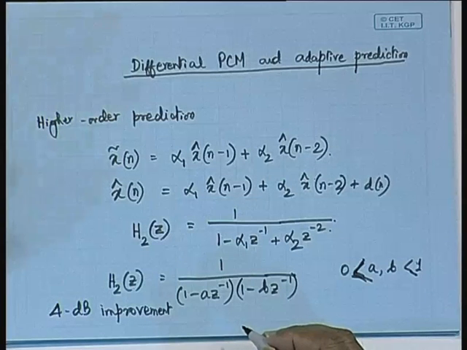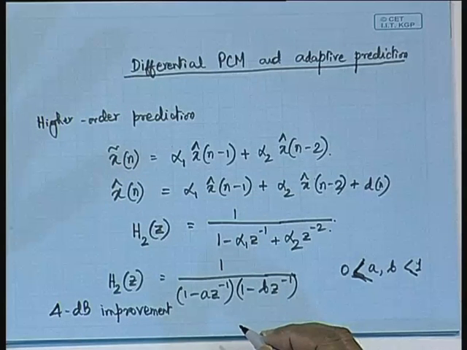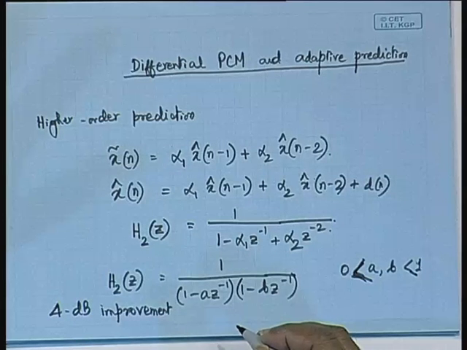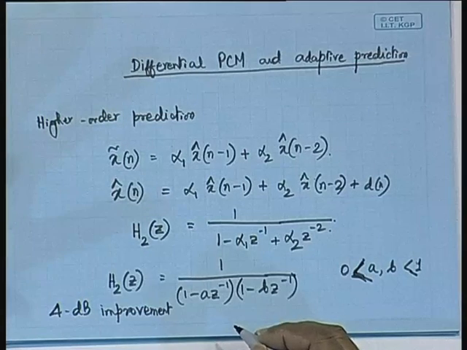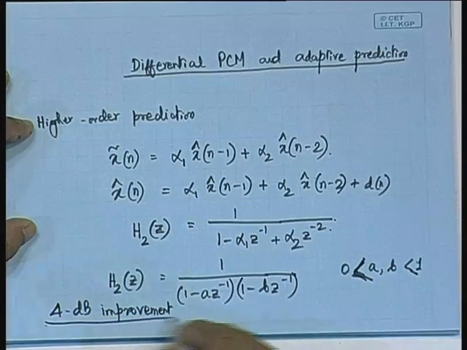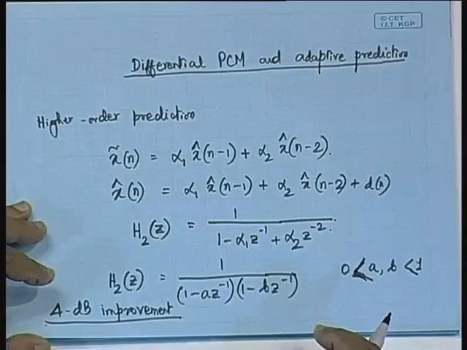It is only beyond p equal to 4 or so that we do not have much of an improvement in the performance, but for second order, 4 dB improvement is enough.